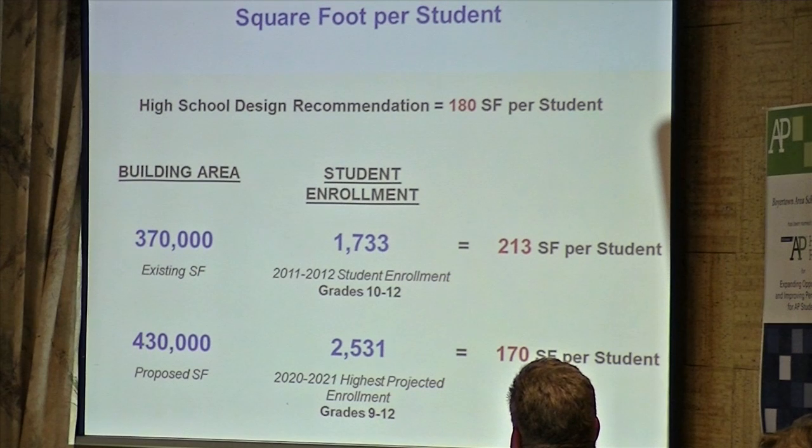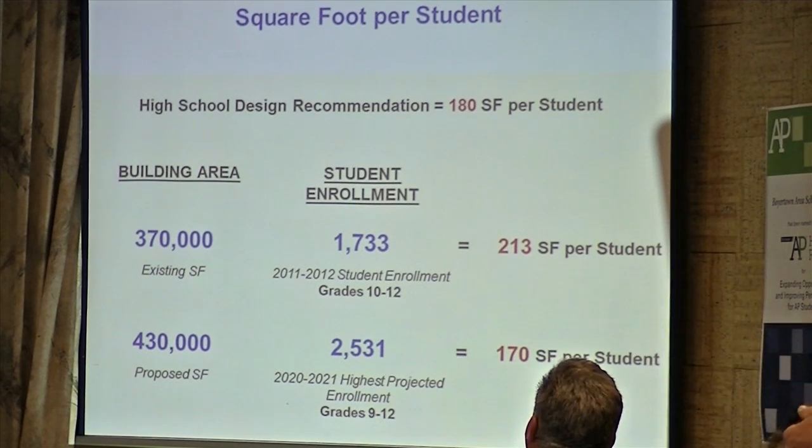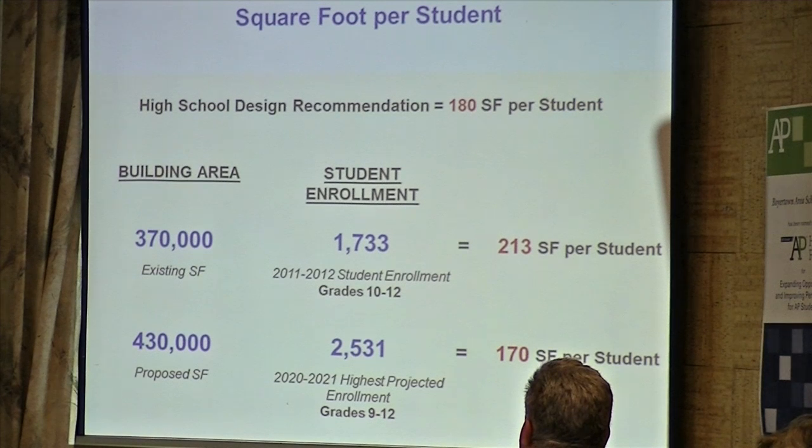So if you're designing a building for X amount of students, you can look at 180 square feet per student based on programs, and you can come up with some rough numbers. Right now your building is about 370,000 square feet, and you have an enrollment of about 1,733 students. You're somewhere around 213 square feet per student.